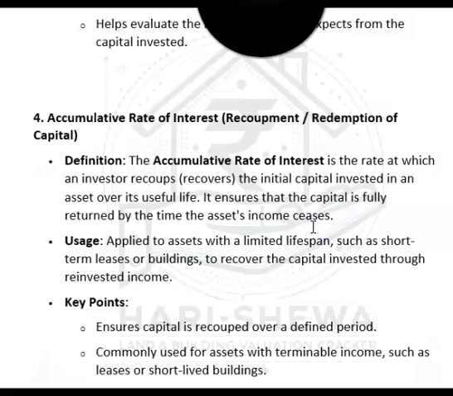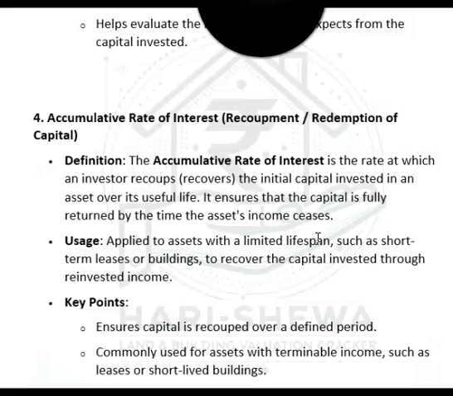For this accumulative rate of interest, say an investor invested in a flat for 50 lakh rupees. The flat's life is 40 years. Up to 40 years, he will earn the interest.